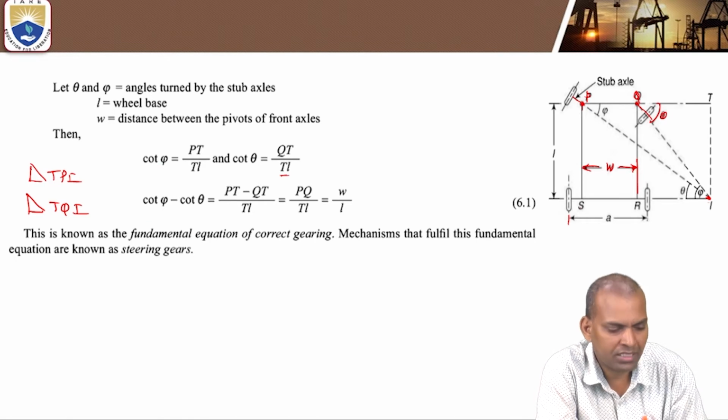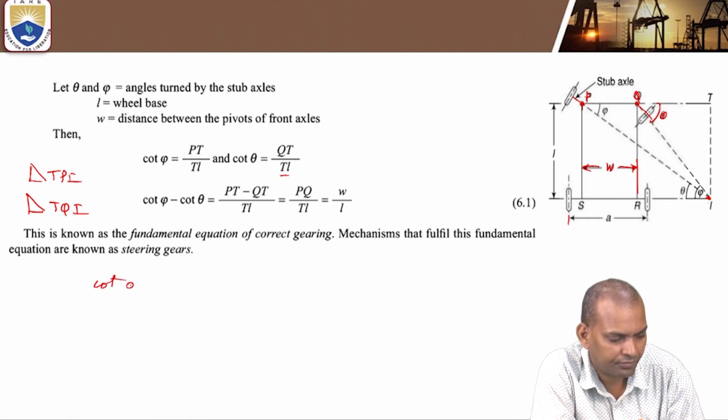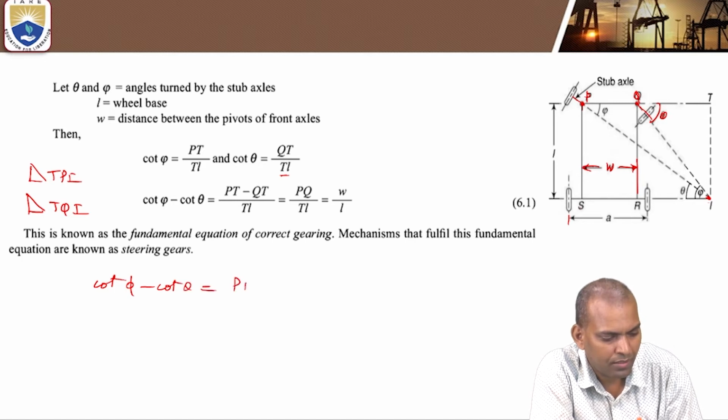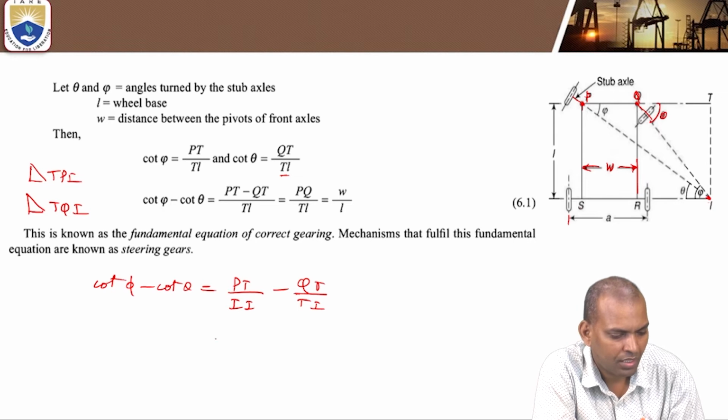Now, cot phi minus cot theta equals PT by TI minus QT by TI. Taking the same LCM, it is PT minus QT by TI.